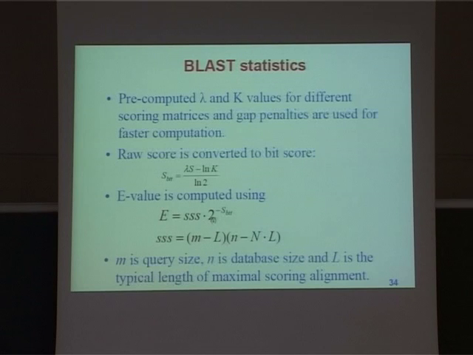They use log 2 because the bit score is logarithm base 2, and here M is the query size, N is the database size, and L is the typical length of a maximal scoring alignment. But all these formulas are very similar to what we have done on match runs. They are derived from the same idea, okay.